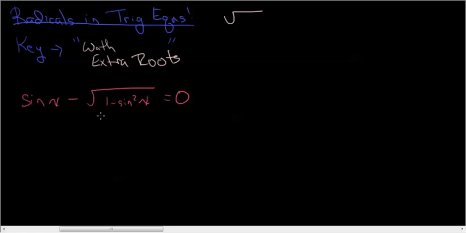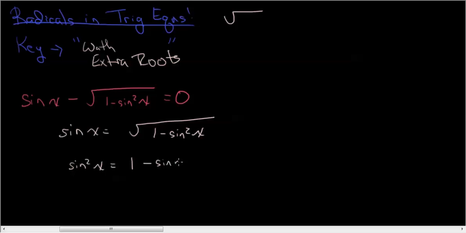If you have a square root, how do you get rid of it? You isolate the radical. So I take sine x and I set it equal to the square root of 1 minus sine squared x. Then what do I do? I square both sides so that I end up with sine squared x equals 1 minus sine squared x.